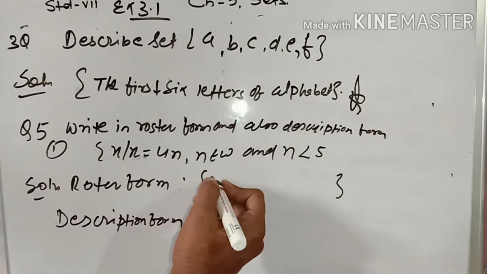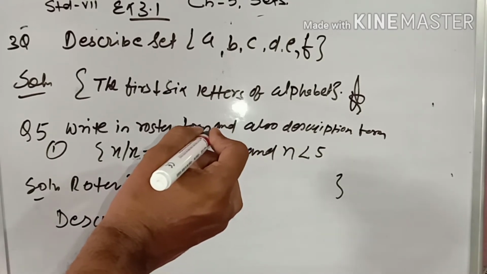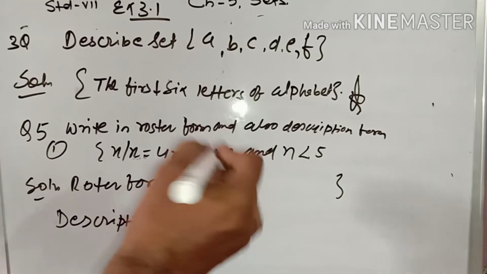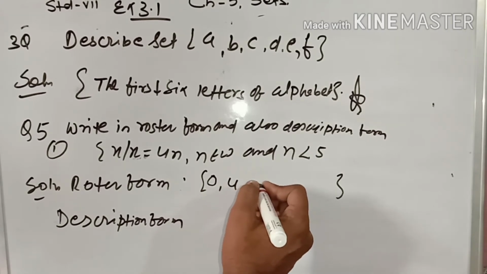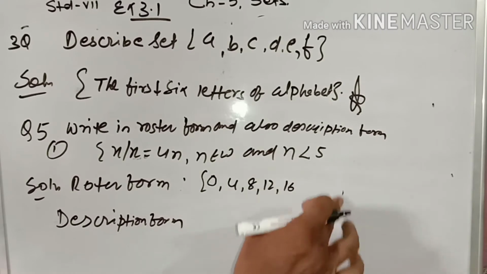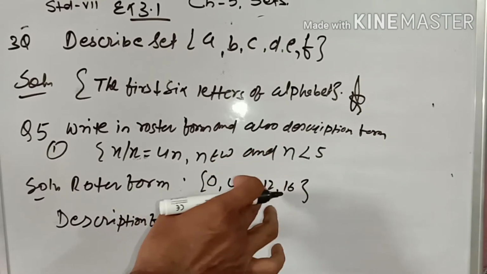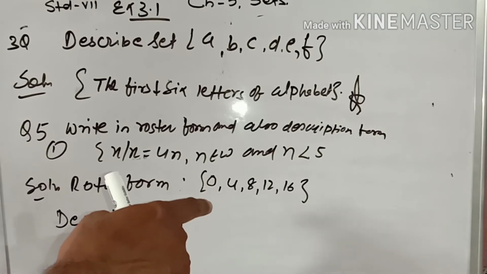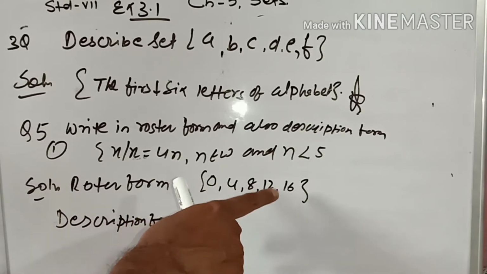Remember, whole numbers are 0, 1, 2, 3, 4. So 4 into 0 is 0, 4 into 1 is 4, 4 into 2 is 8, 4 into 3 is 12, 4 into 4 is 16. So the numbers will be 0, 4, 8, 12 and 16.